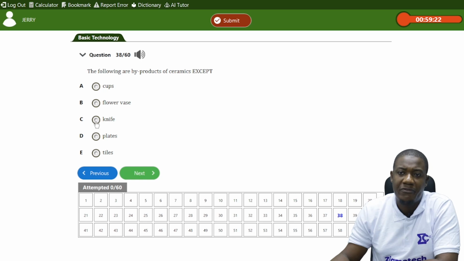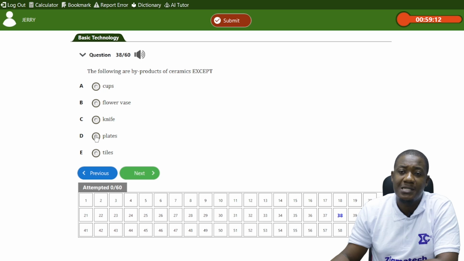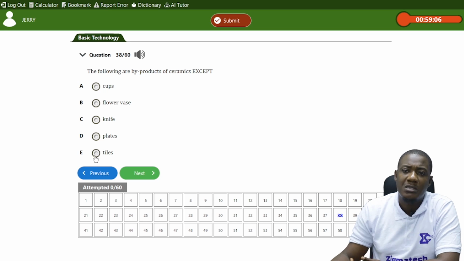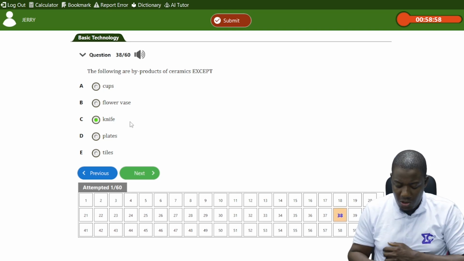A knife is not a product of ceramic, rather it's a product of metal. Plates, we have ceramic plates. The tiles, they are ceramics. So the right option here is option C. Option C is not a product of ceramic.